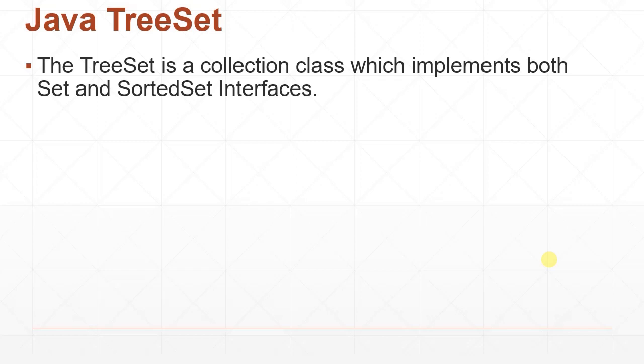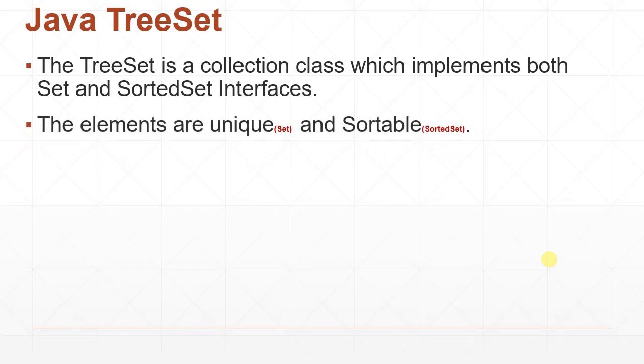Whatever we saw in the previous slide, we will explore those functionalities when we go to the Eclipse demo. So the TreeSet implements both Set and SortedSet interfaces. The elements are unique and sortable. Unique, that's from the contract of a Set interface, and sortable, that is from the contract of a SortedSet interface.